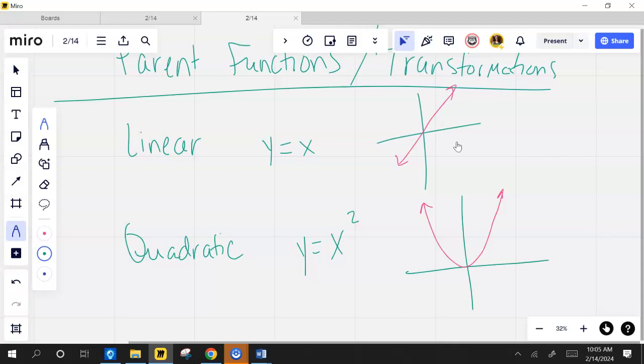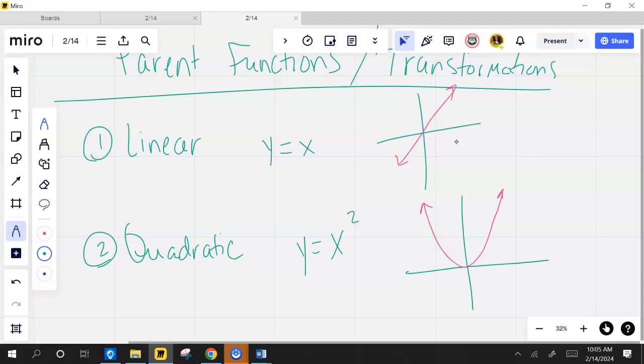What do you think the third one is? I told you 3. What's the third parent function family, you think? Well, these are all parent functions. There's going to be 3 we focus on.